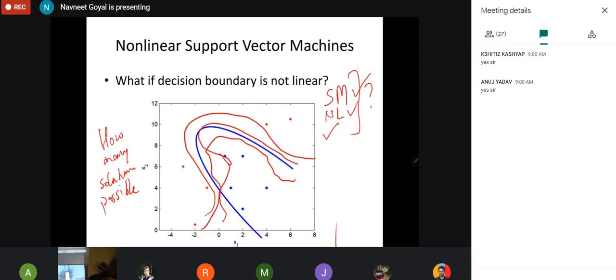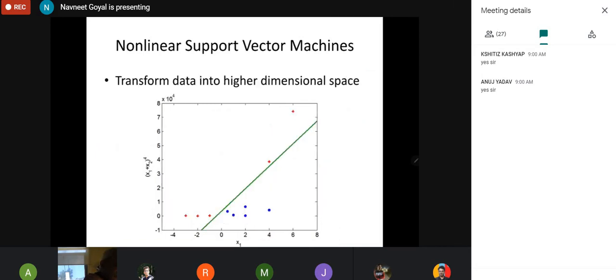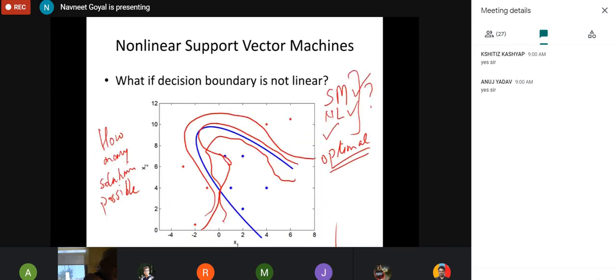So I can have infinitely many solutions like we had in the linear case. And again, I have to figure out which one is the most optimal, the same problem we faced for the linear SVM. So the same questions we need to address.